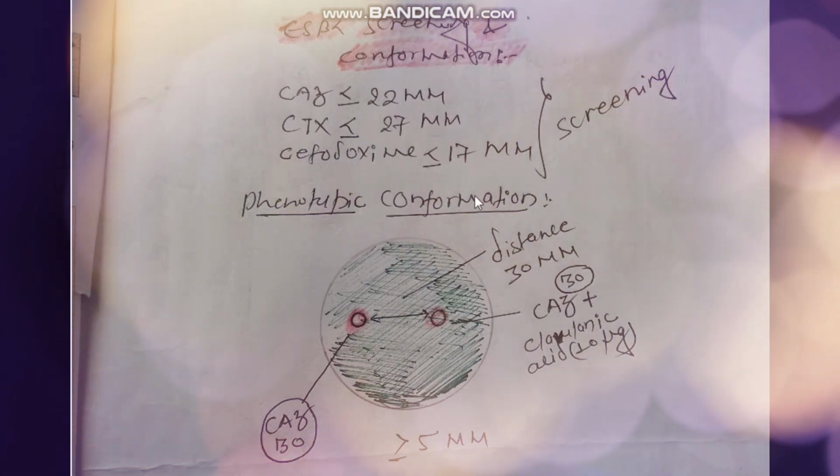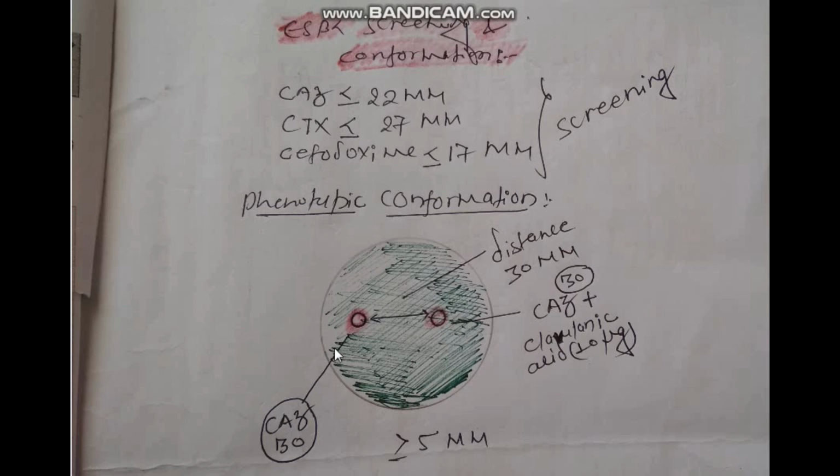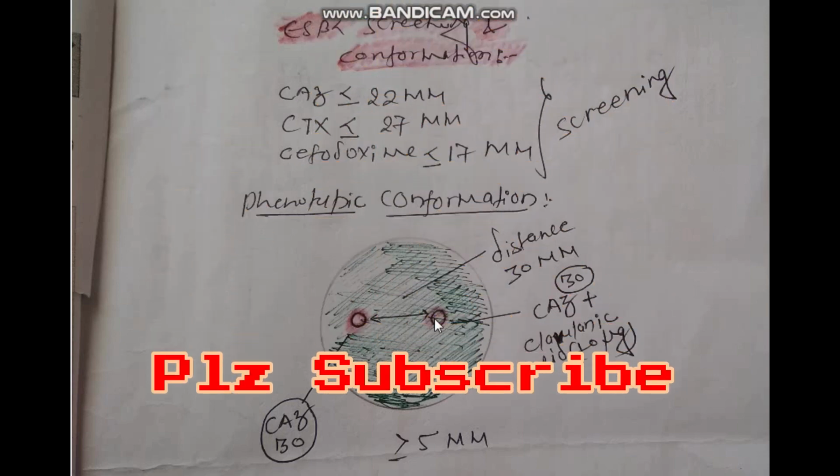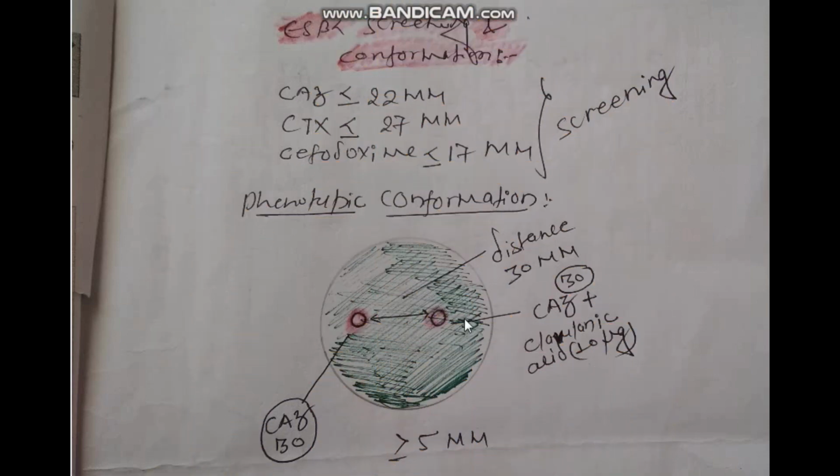Here, this is the Mueller-Hinton agar after overnight incubation with the organism, 0.5 McFarland standard, with drugs ceftazidime 30 microgram and ceftazidime plus clavulanic acid, 30 plus 10 microgram clavulanic acid.